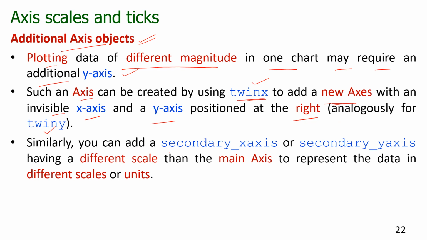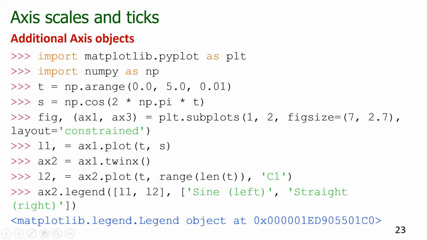Similarly, we can add a secondary x-axis or secondary y-axis having a different scale than the main axis to represent the data in different scales or units. Let us see the following program, which demonstrates adding additional axis objects.